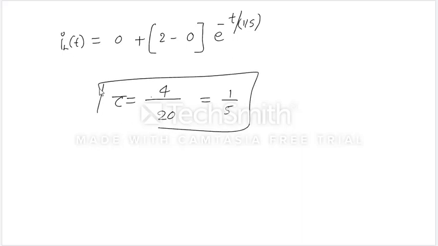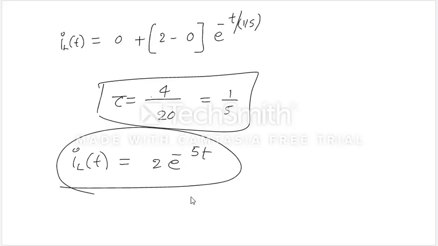Yes, that means IL of t finally becomes what now? 2 into e power minus 5t. 2 into e power minus 5t. This is the current through the inductor for all t greater than 0.